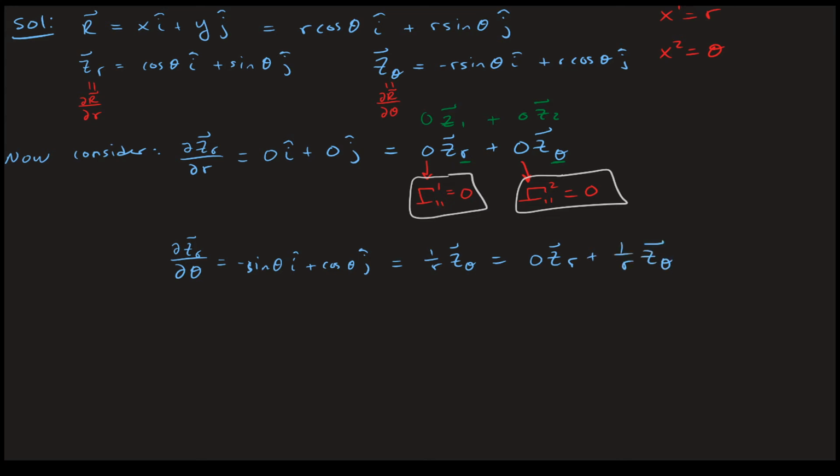That gets our next two Christoffel symbols. So this would be gamma 1, 2 down, 1 up, and that's 0. And then this would be gamma 1, 2 down, 2 up is 1 over r.